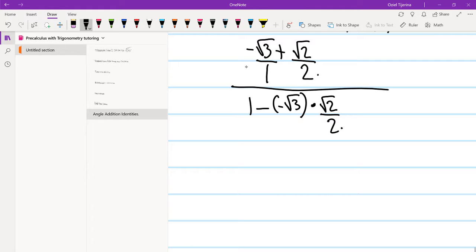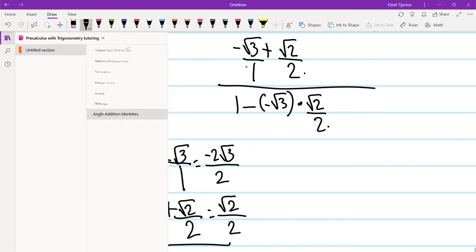So it'd be negative 2 square root 3 plus the square root of 2 all over 2, divided by 1, and these are being multiplied, so it'd be 1 minus the negative square root of 6 over 2.